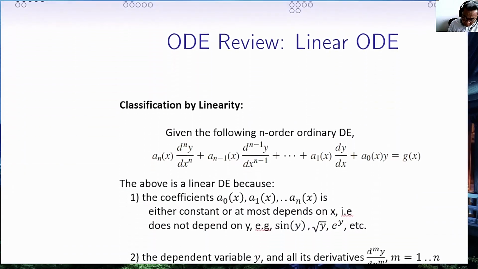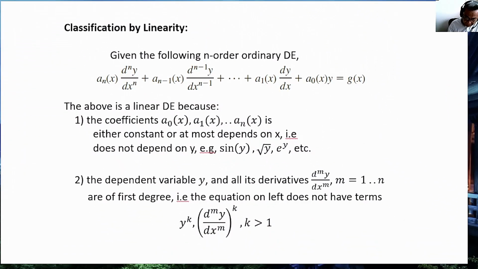Alright, so linearity. Now, in general, we are mainly focusing on ordinary here, so we have only one independent variable.